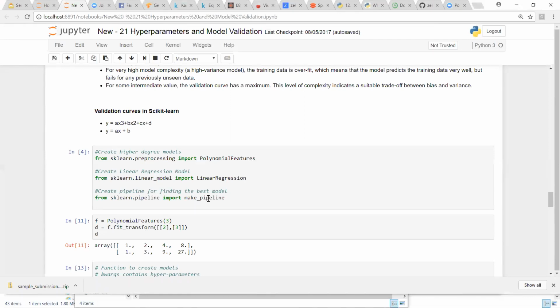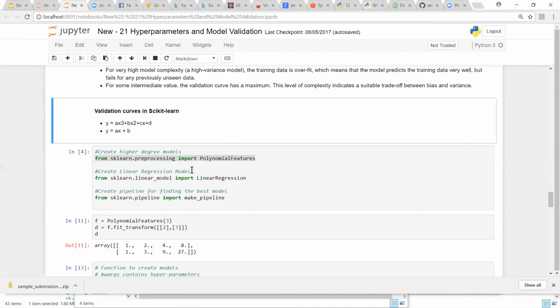Okay, let's see this. First, remember for degree 2 or 3 polynomial, for the entire train data we have to convert into x and x square and x cube, isn't it?